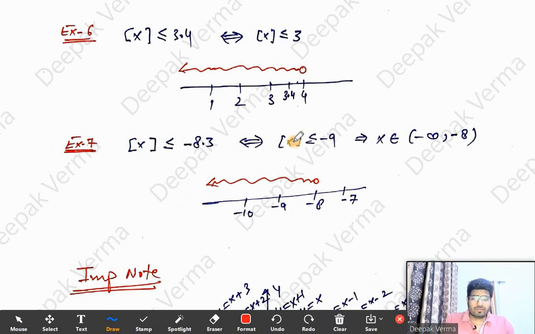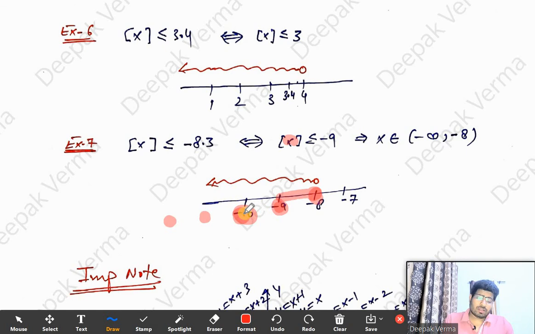Now if we want box minus 9, then x must be between minus 9 and minus 8. Minus 8 is not included. Got it? Then if we want box minus 10, we want all the integers less than minus 8.3, so minus 9, minus 10, minus 11, minus 12, like this.